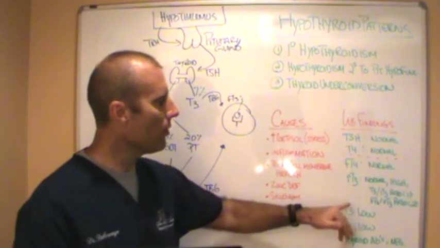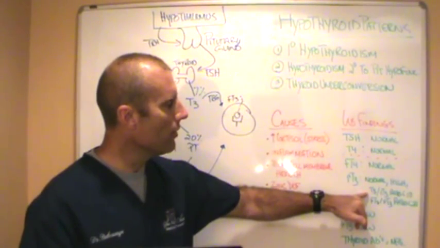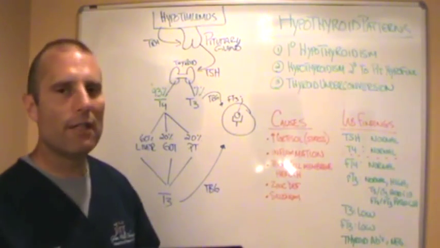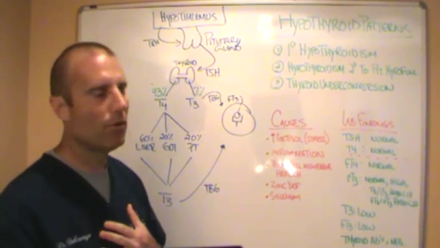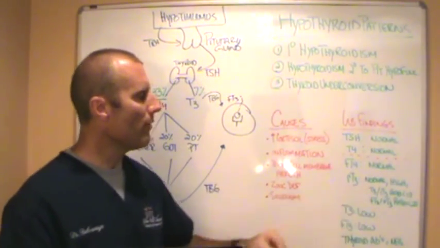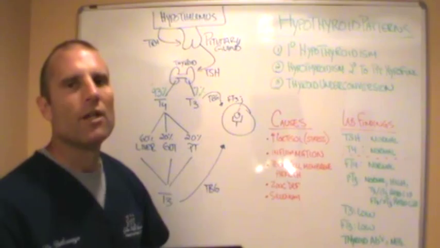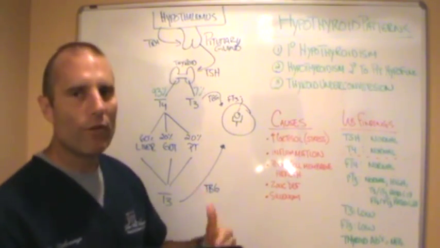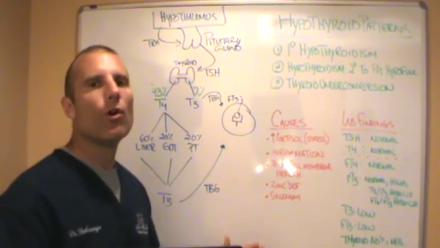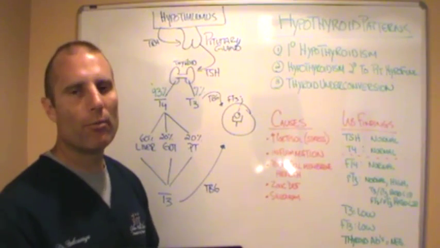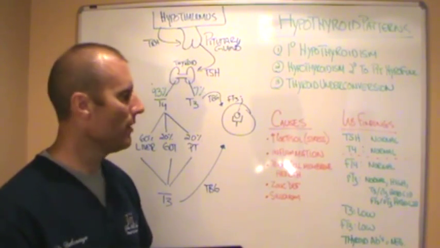If it is normal, what we need to do is take a look at the T3 to reverse T3 ratio. That's something that we would do as a physician, and we want that ratio to be greater than 10. So if the T3 to reverse T3 is less than 10, we're over-converting our thyroid hormone, our T3, into reverse T3.